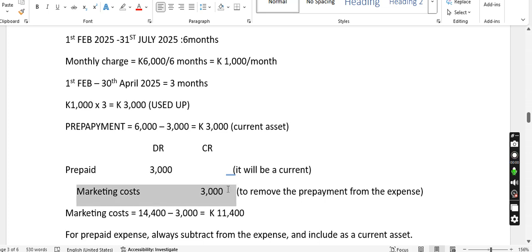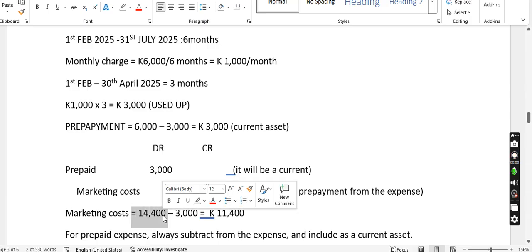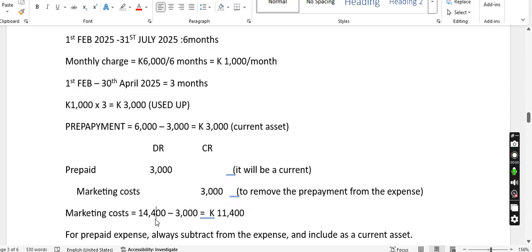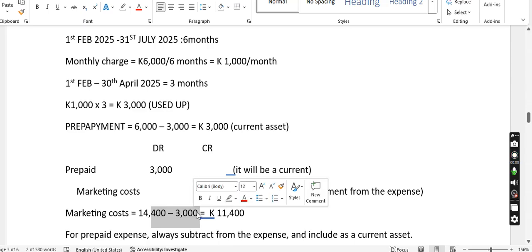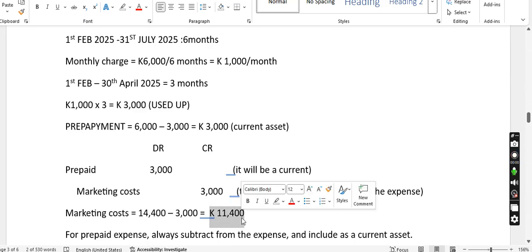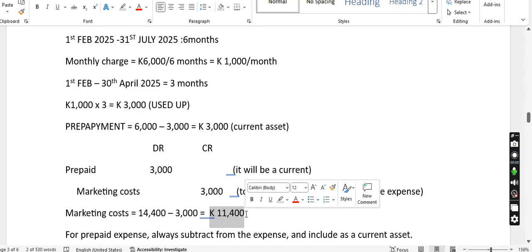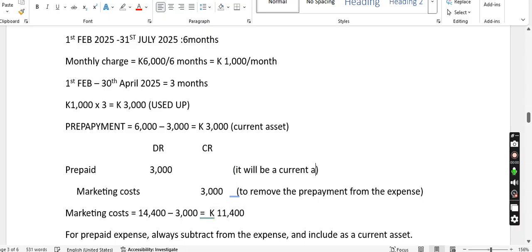Our marketing costs from the trial balance is 14,400. So 14,400 minus 3,000, we get 11,400. This is the amount that must be on the statement of profit or loss. We've removed the prepayment from there and put it as a current asset, and we just kept the part of the expense that was used up during the year. Any questions?